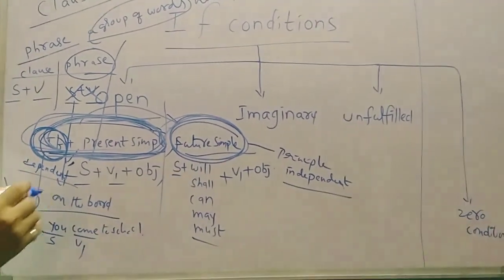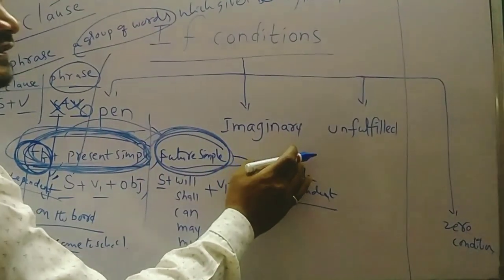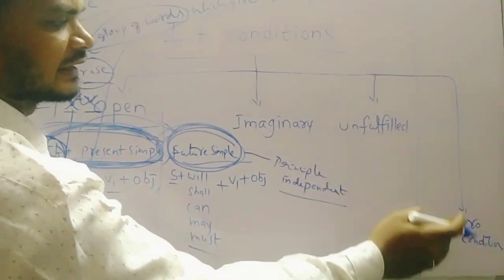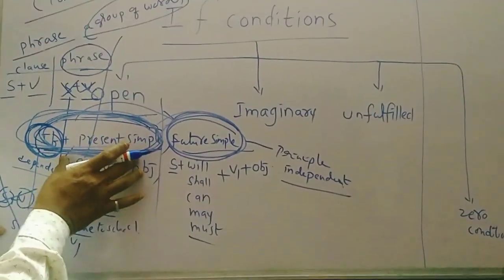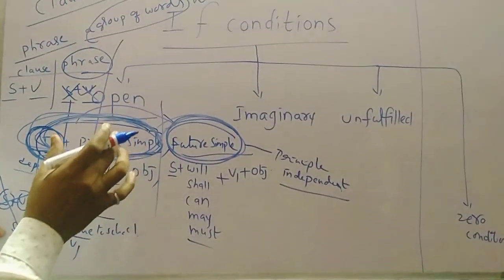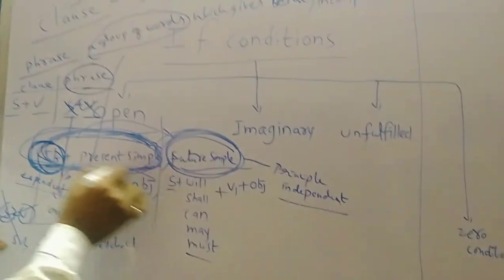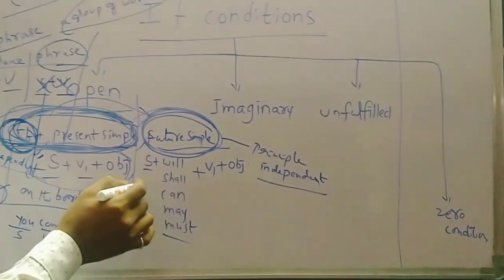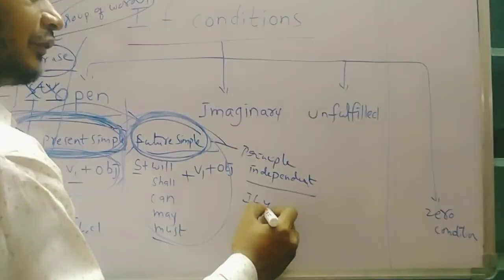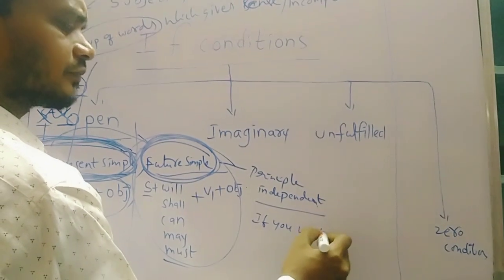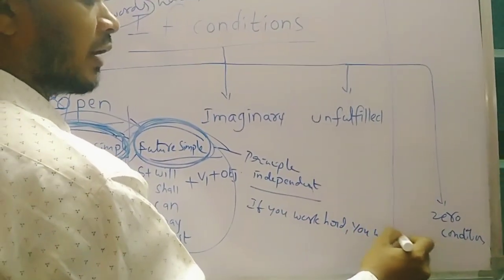Basically in if conditions, in every class, whether it is open condition, imaginary condition, unfulfilled condition, or zero condition, we have if clause and main clause. If we take open condition, the if clause structure is present simple. The main clause structure is future simple. For example, if you work hard, you will get good marks.